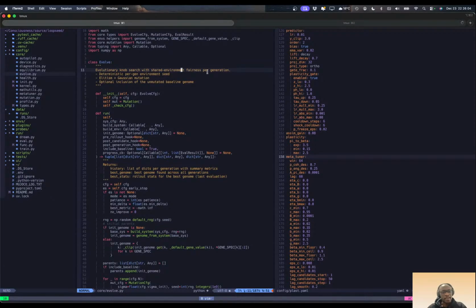So fairness per generation. You run the system in generations, right? You run it generation after generation. Every generation produces a good elite gene, which is then propagated to the next generation. Keep running like that.